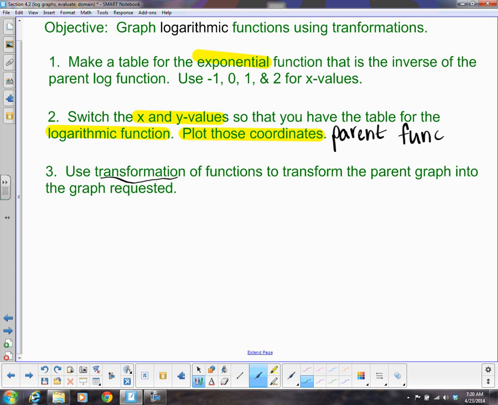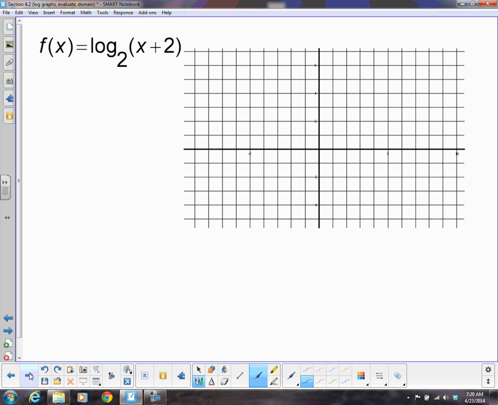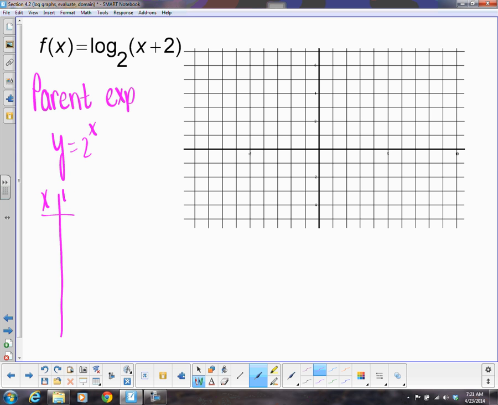Okay. So here's our first one. What would be the parent exponential? What's the base? Right. So it's going to be y equals 2 to the x. So we've got x's, we've got y's, we've got negative 1, 0, 1, 2.